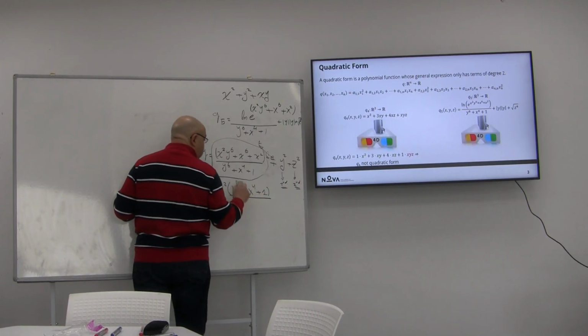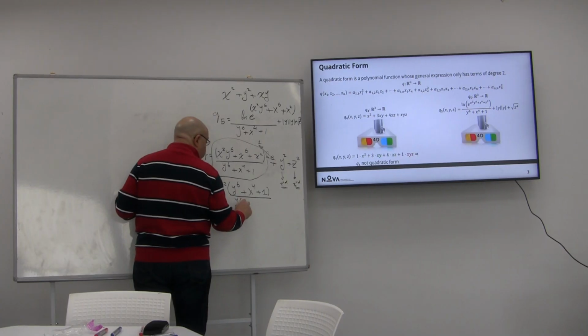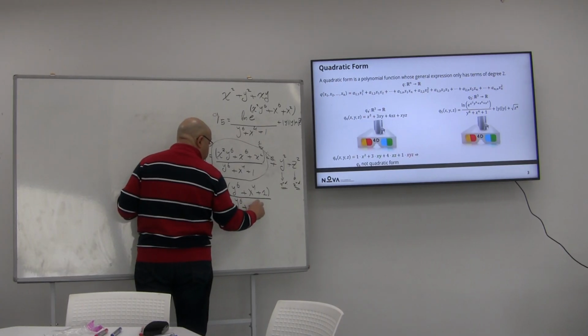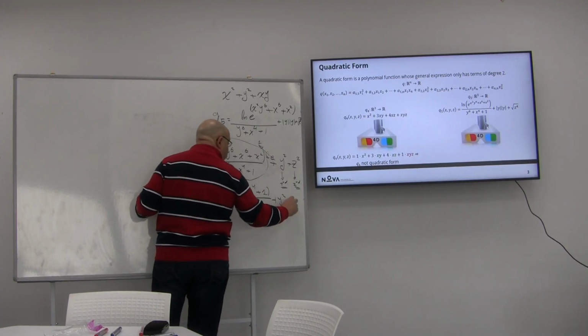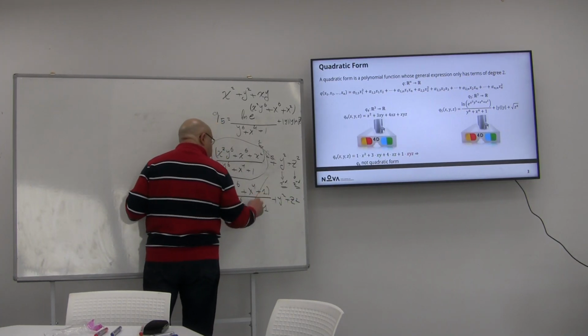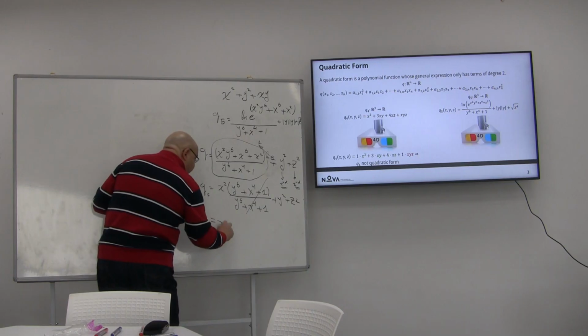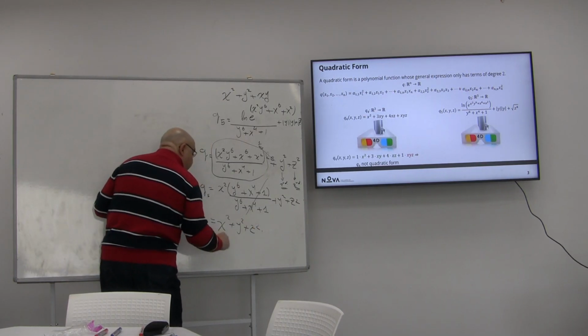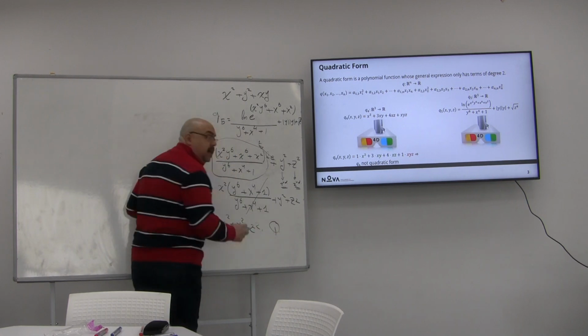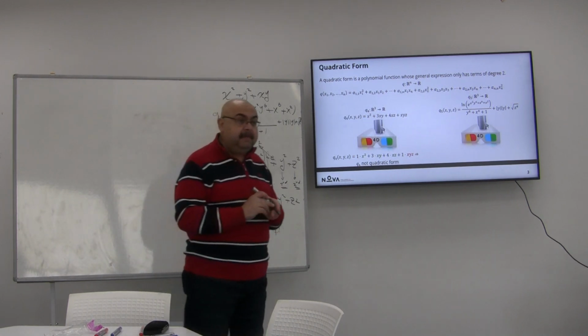And all of them are divided by y to the power of 6 plus x to the power of 4 plus 1. And this is plus y squared and z squared. This is why you will end up having x squared plus y squared plus z squared, which is considered a quadratic form. Are you with me?